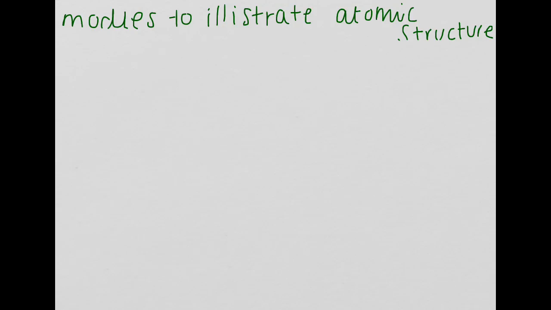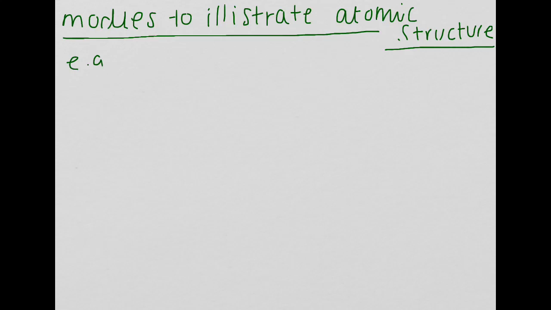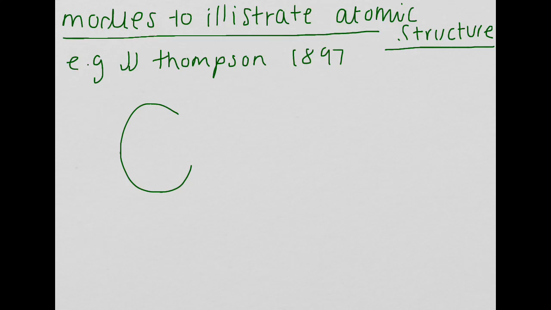Okay, so now it's models illustrating atomic structure, which is the next part of the syllabus. So we look at, for example, J.J. Thomson, who in 1897 created the plum pudding model, which I'm sure you'll all be aware of through GCSE.